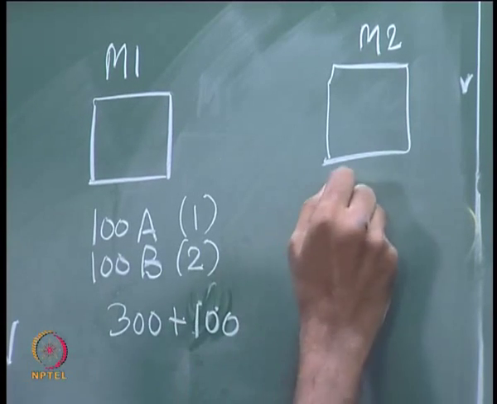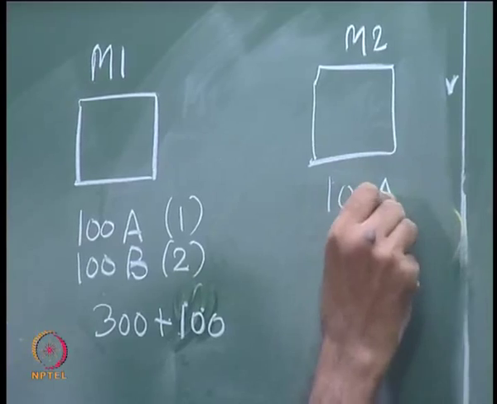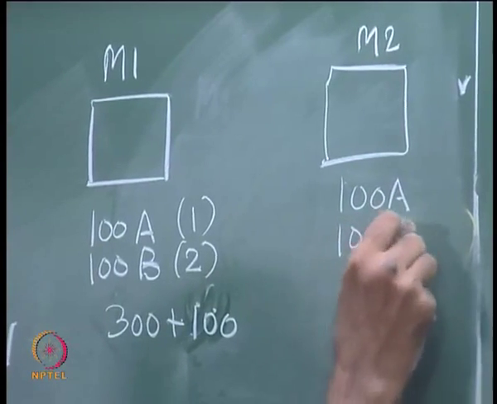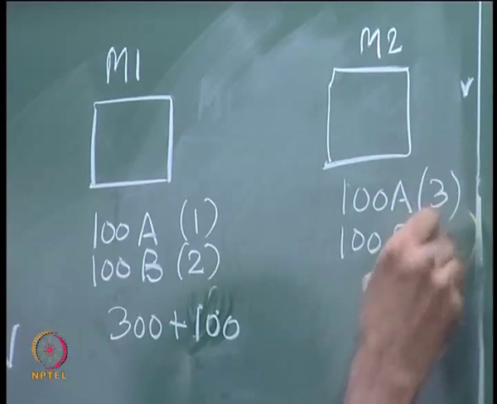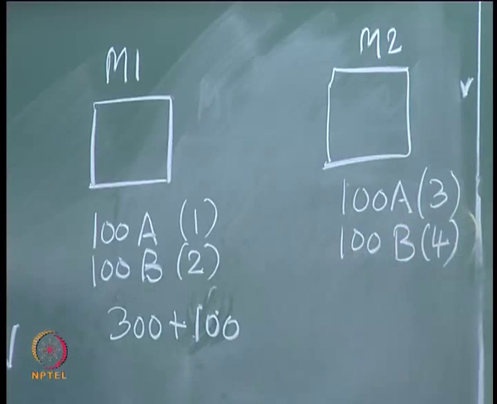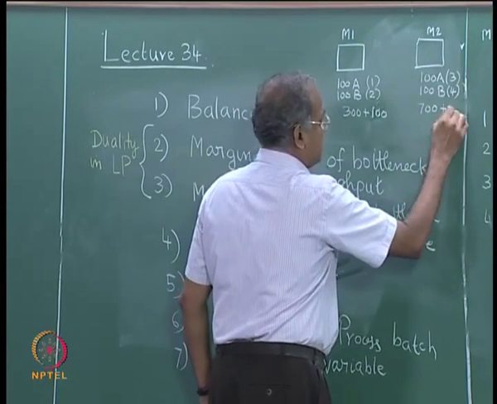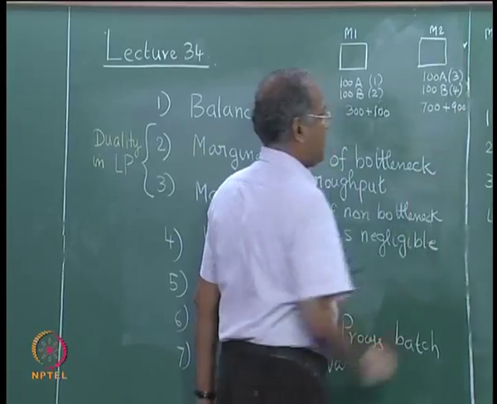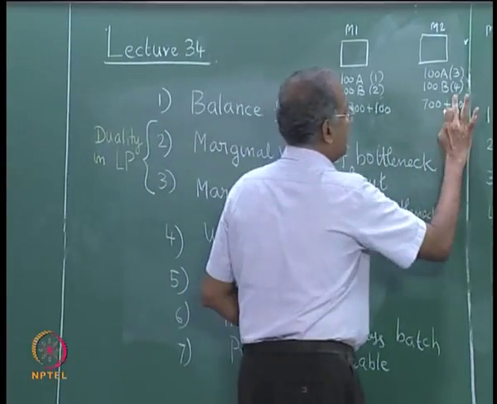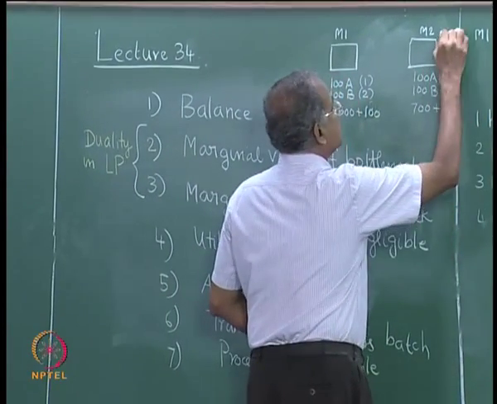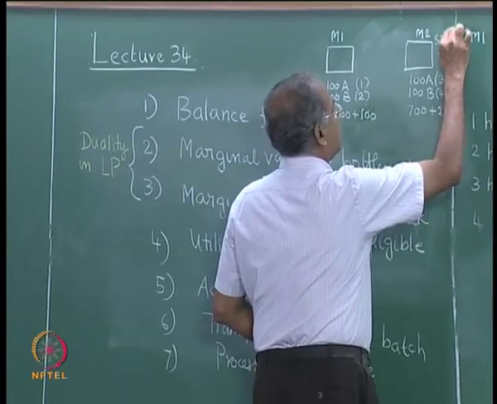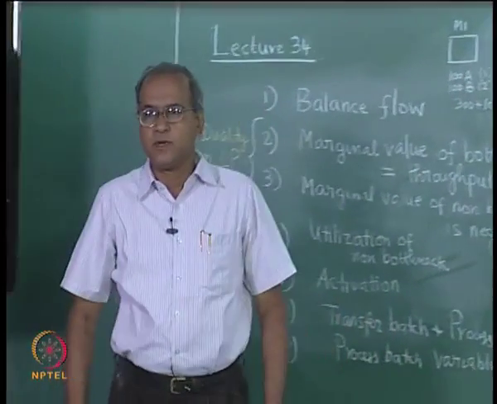Now, to produce 100 of A and 100 of B, let us say this is the bottleneck machine, this requires 3 and this requires 4. So, I am talking of 700 plus 2 setups, 900 plus 2 setups, 2 into 100, let us say setup is equal to 100 here, 900.